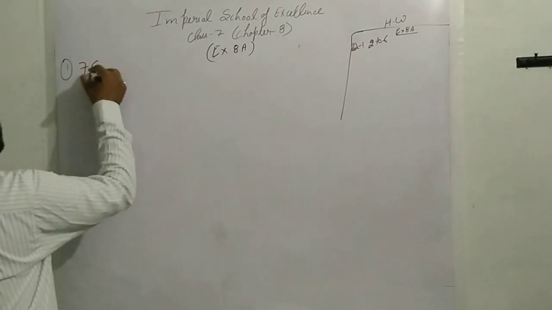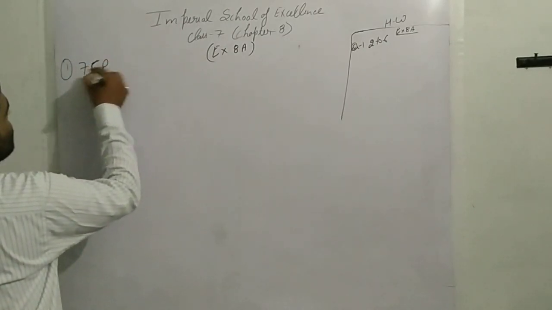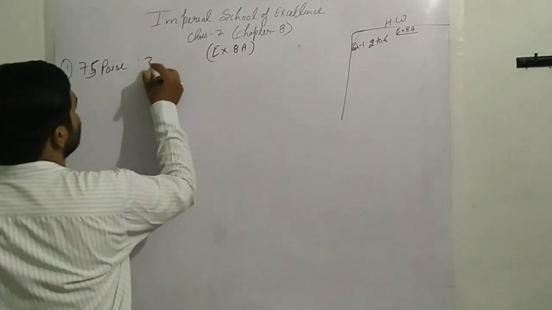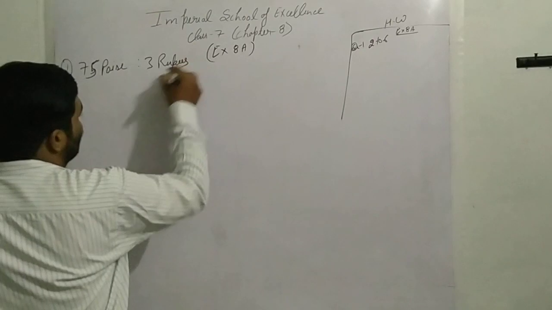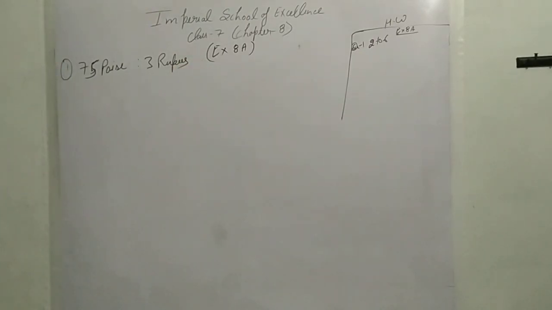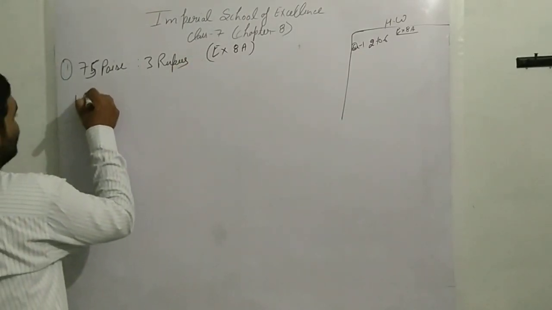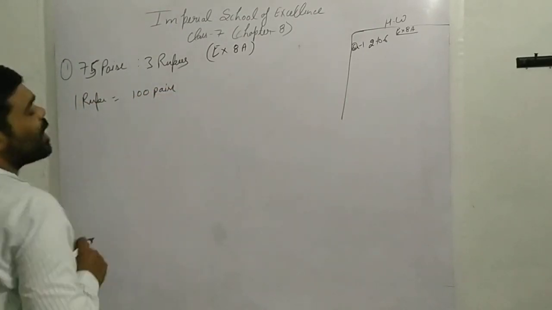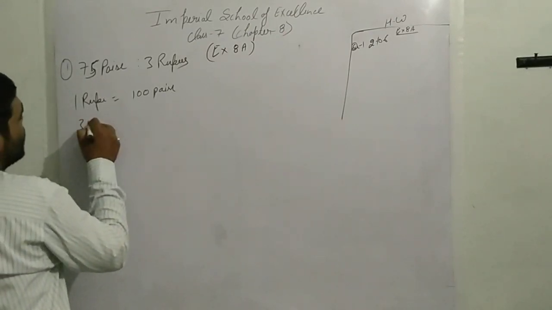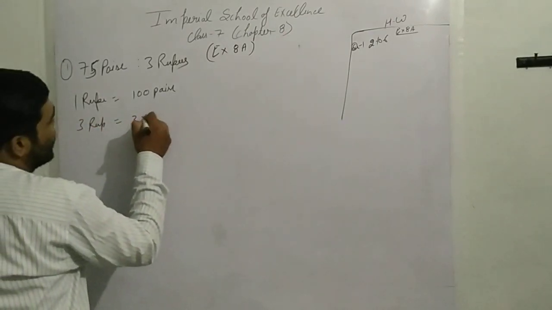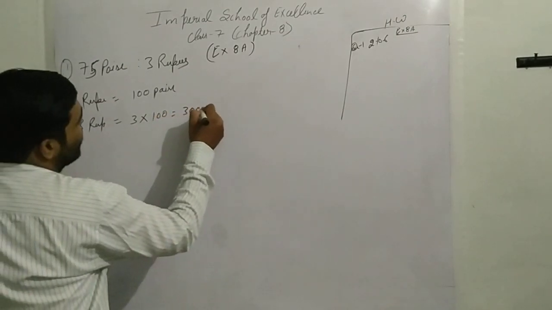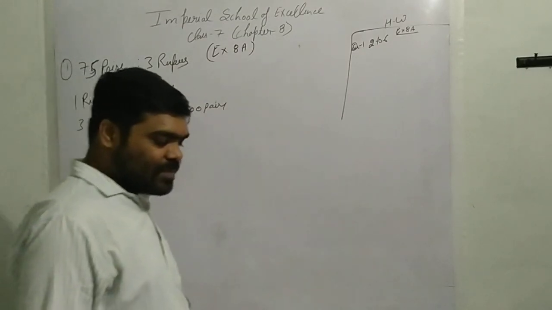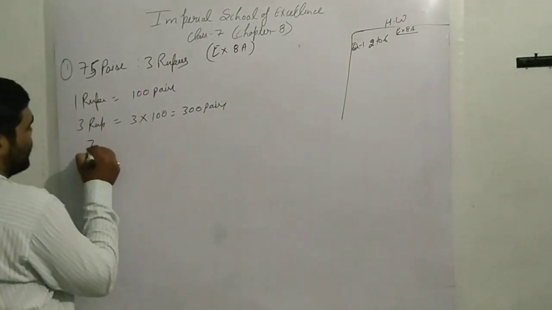Given here 75 paisa ratio 3 rupees. 1 रुपी equals to 100 पैसा. 1 रुपए में 100 पैसे होते हैं. Now 3 rupees equals to 3 into 100, means 300 paisa. Now it will be your 75 ratio 300.